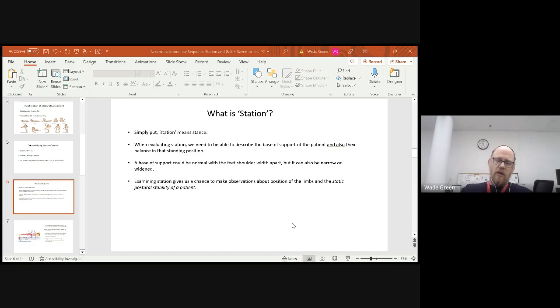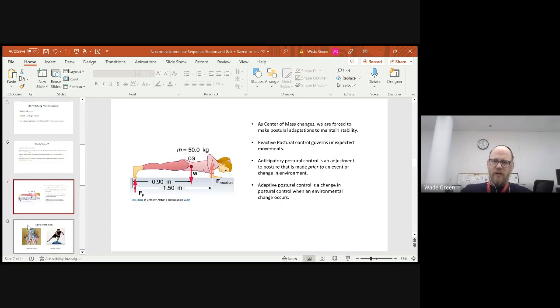All right. So if we continue to look at designing a rehab program, every time that someone moves, every time that someone changes position, their center of mass, their center of gravity actually changes.